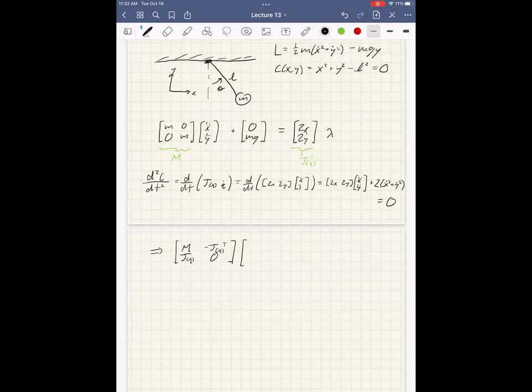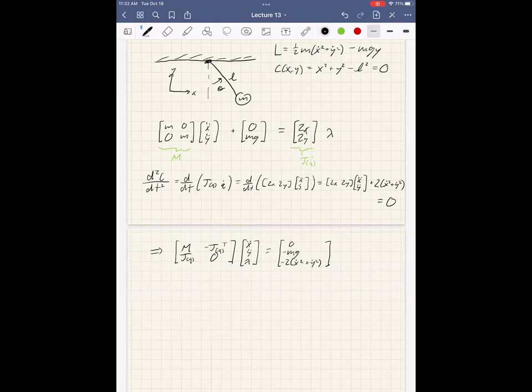This whole thing is times x double dot, y double dot, lambda. And this equals 0, the gravity term pulled to the other side, and then minus 2 times x dot squared plus y dot squared down here. So I can solve this linear system for all three of these guys, then plug x double dot, y double dot into my dynamics, and good to go.